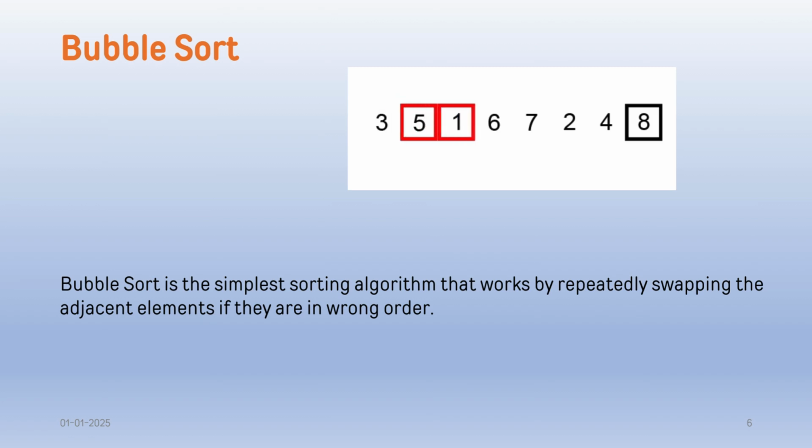Then A1 is compared with A2, and the larger of the two is placed in A2, while the smaller one in A1. The process repeats until we compare the last pair of elements, that is A[n-2] and A[n-1], and perform the necessary swapping. This completes the first pass.